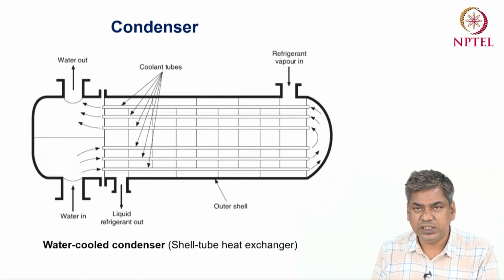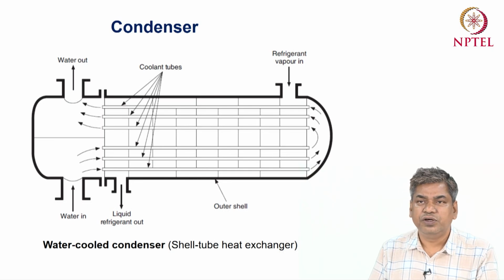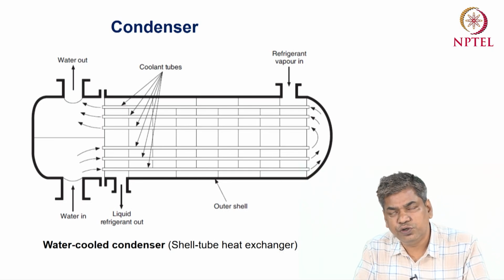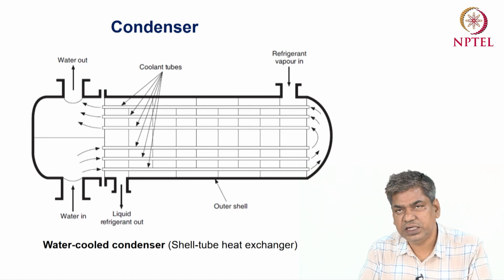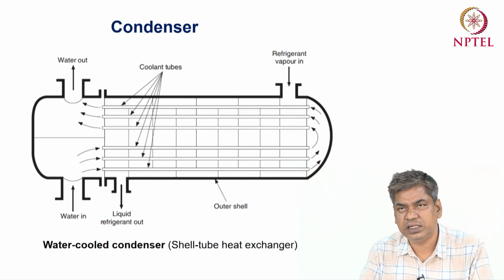Then another one is the water cooled condenser, but this is the shell and tube type heat exchanger. For the shell and tube type heat exchanger, we use a large shell, and in that shell we have a number of tubes running from one side to the other.